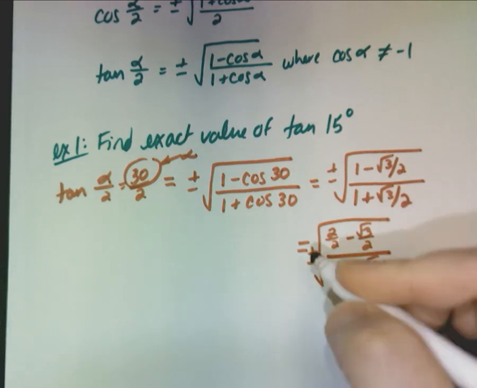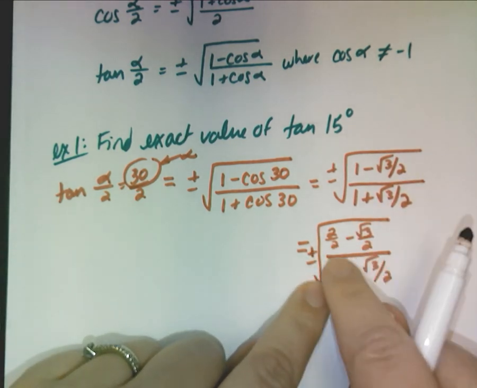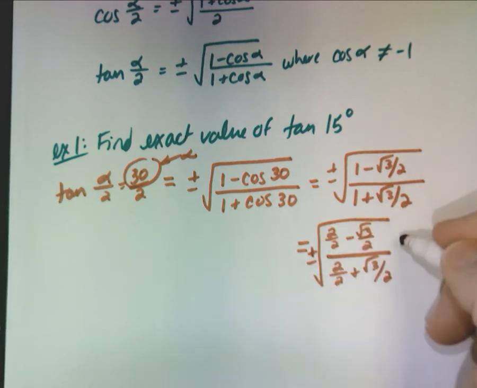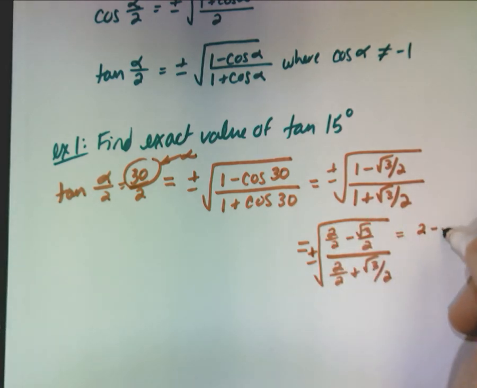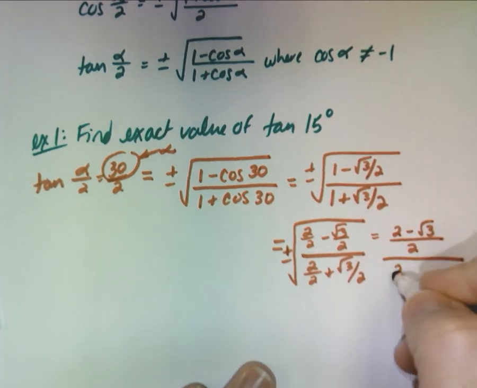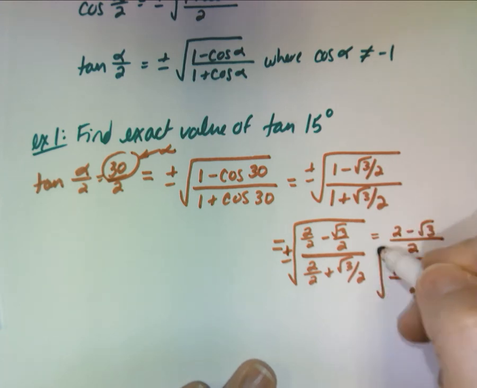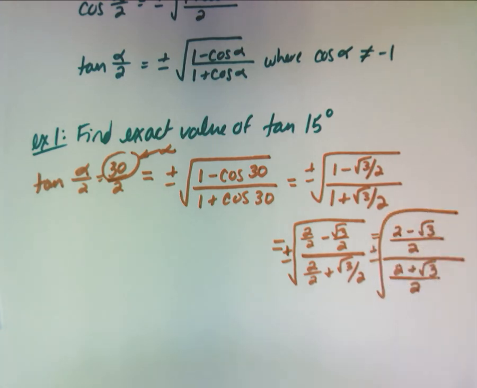Put my plus and minus in front. When you have fractions with like denominators, you can just combine the top. So this would be 2 minus root 3 over 2. The bottom would be 2 plus root 3 over 2. And it's all under a square root with a plus or minus in front.